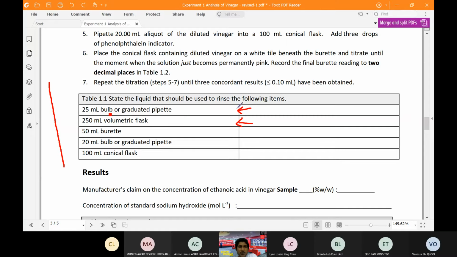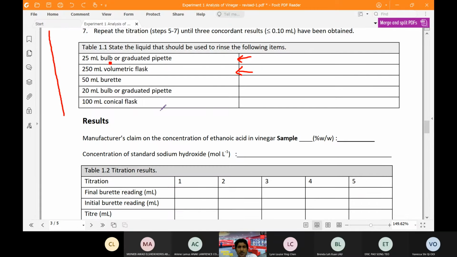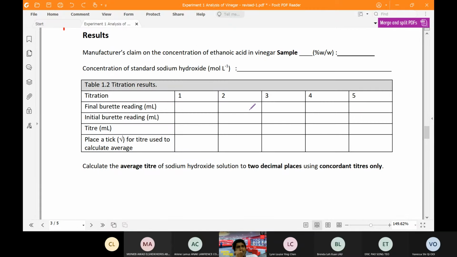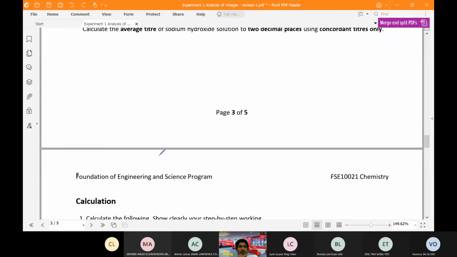Of course, water. Water will be the best one. I'll tell you later, so you have to answer this. You have to write it down here: what is the liquid, whether acid or base or water or whatever it will be. And then you have to come up with the titration, number one titration for this.